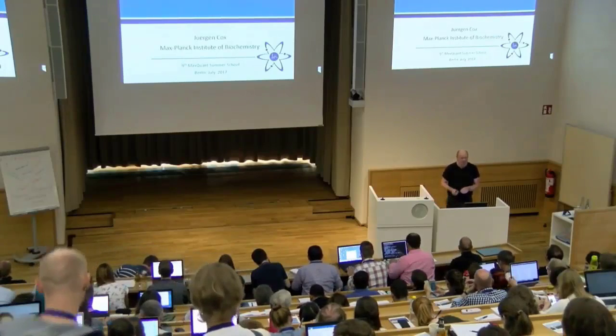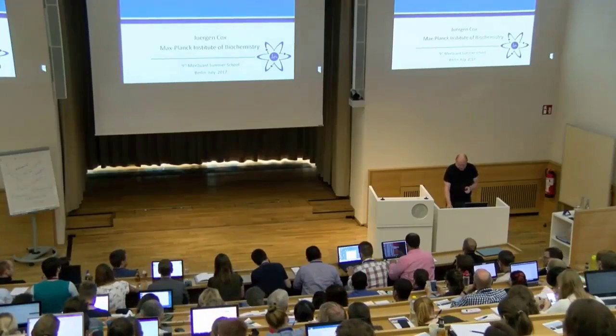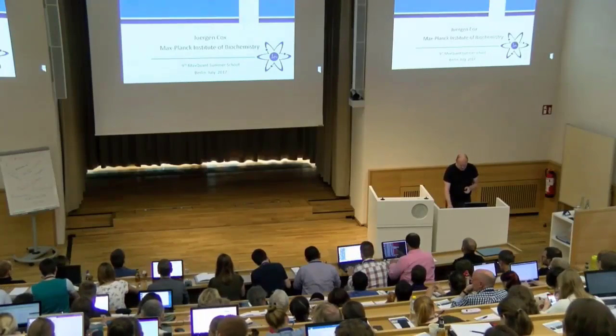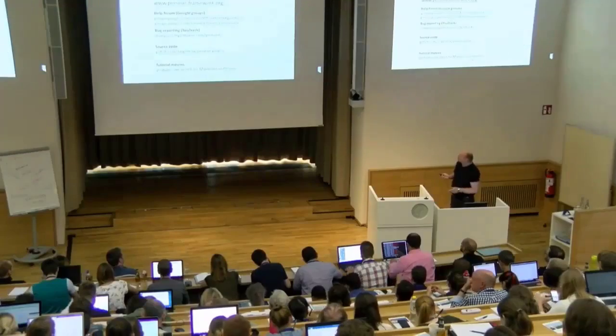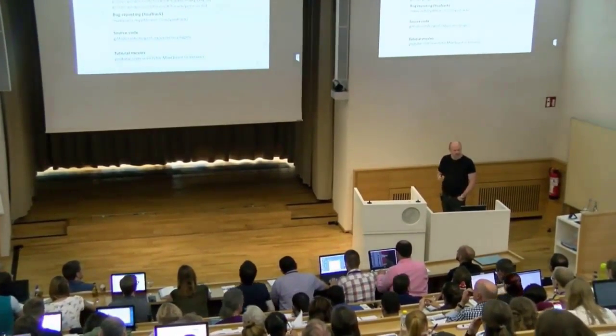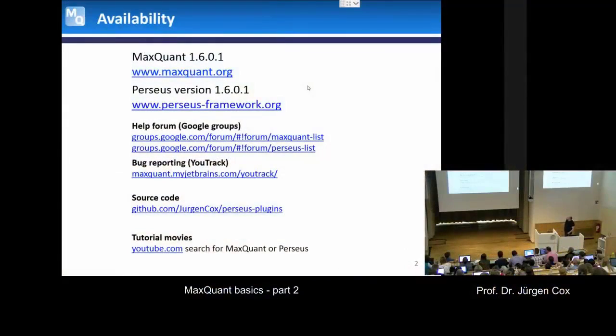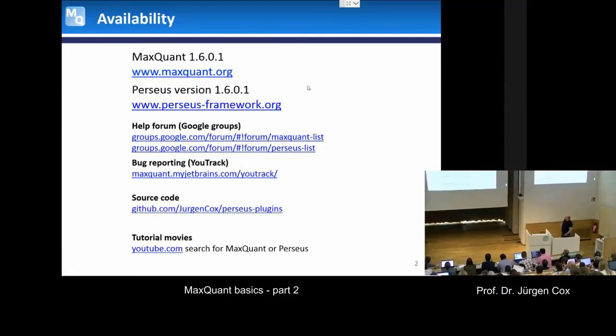So I will continue where we stopped yesterday. We were pretty much finished with the basic processing steps in MaxQuant, and maybe just to remind you how to obtain the software.